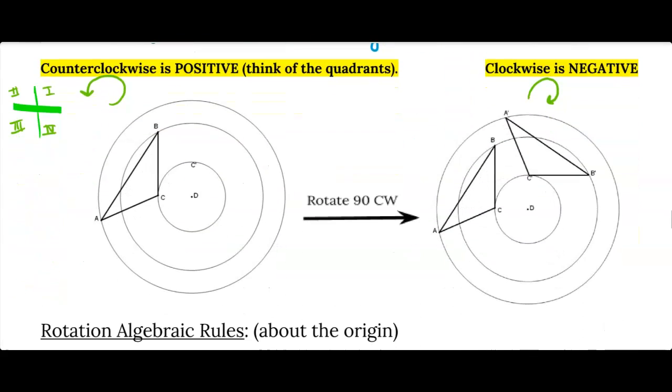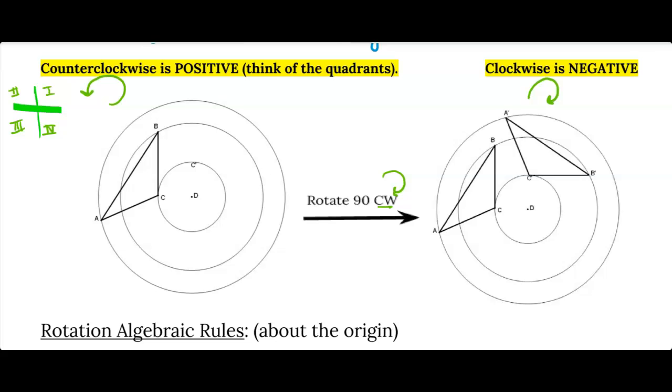So if we're looking at this picture down here, we have this triangle ABC. We're rotating it 90 degrees clockwise. That means that we are going 90 degrees to the right direction. And what makes it 90 degrees is the angle that's created from the center of rotation between the image and the pre-image.